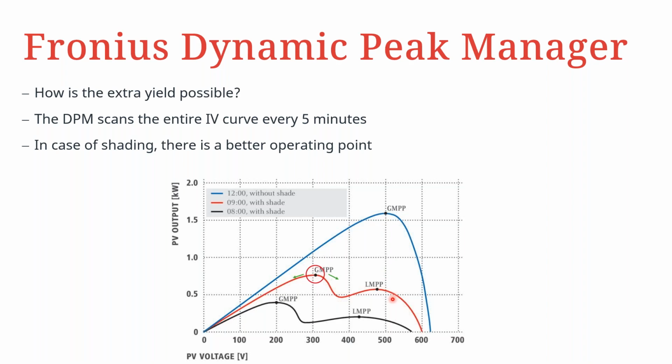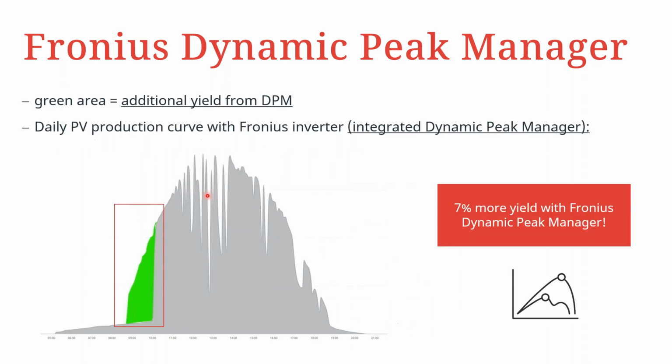The entire IV curve is scanned, and the dynamic peak manager is able to find a better operating point, which is the global maximum power point. So even in the case of shading, the dynamic peak manager is able to operate at a better maximum power point, and this is what is giving you a better yield of 7% more compared to an inverter that is only using standard or normal MPPT technology.